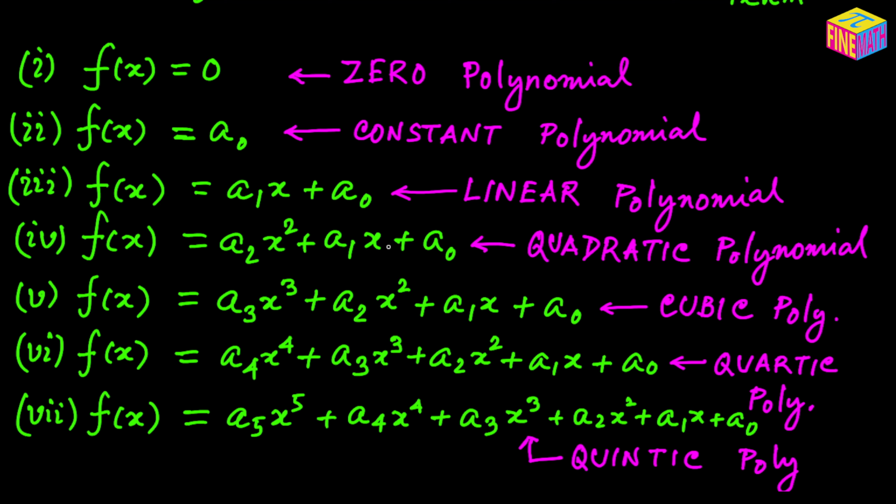Now this type of polynomials also have another naming convention. Sometimes you will see that the linear polynomial is called the first degree polynomial. So instead of linear, it may also be called the first degree polynomial, right? Similarly, the quadratic polynomial can be called the second degree polynomial.